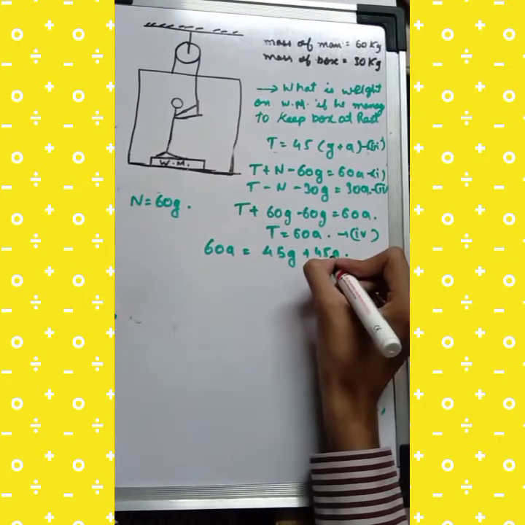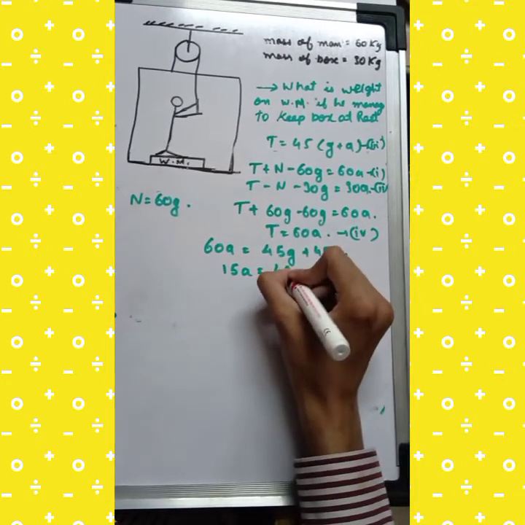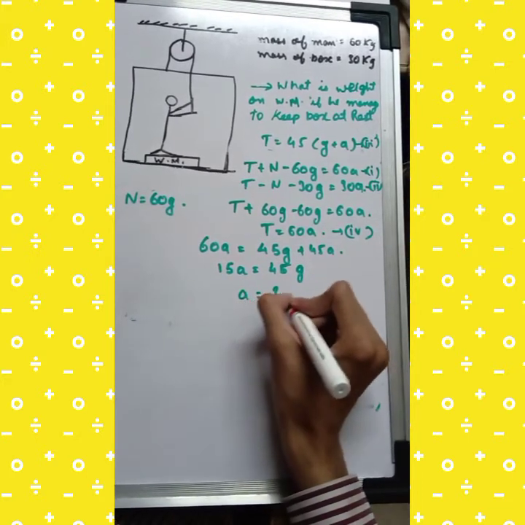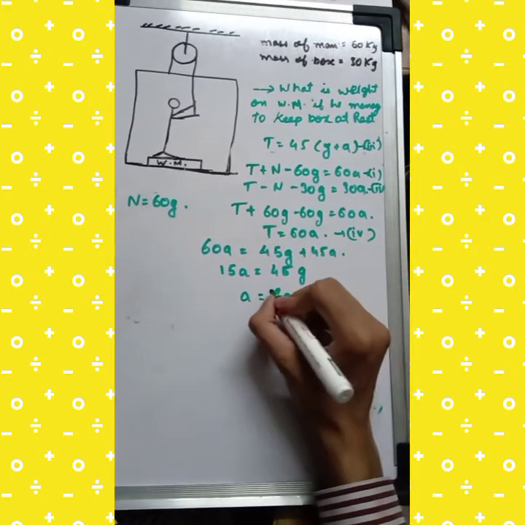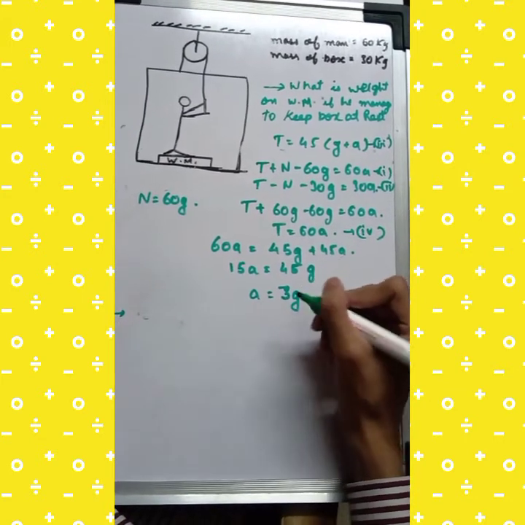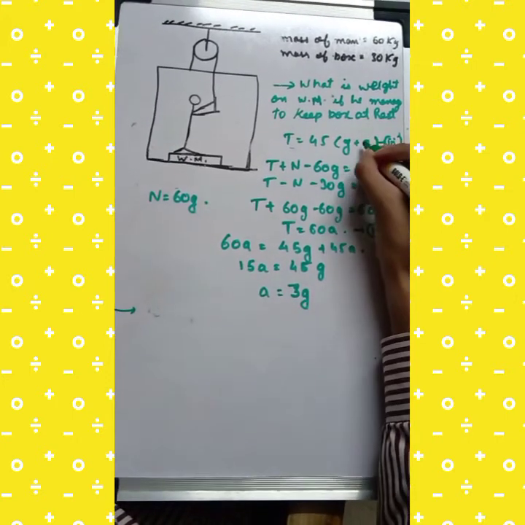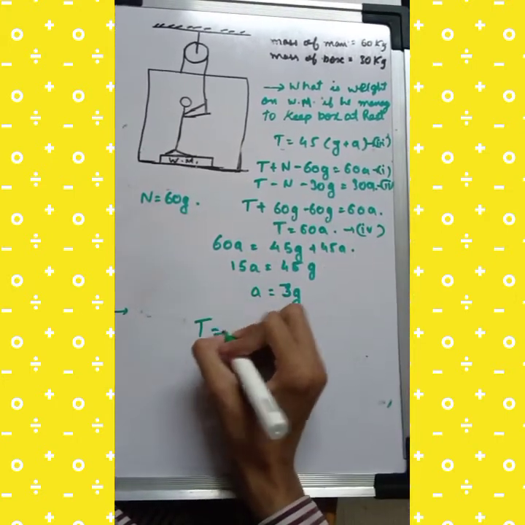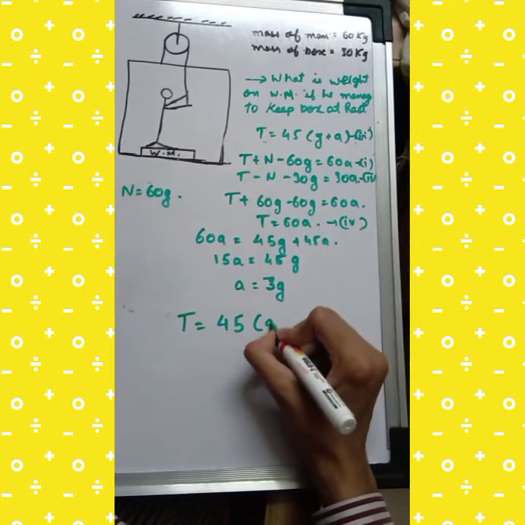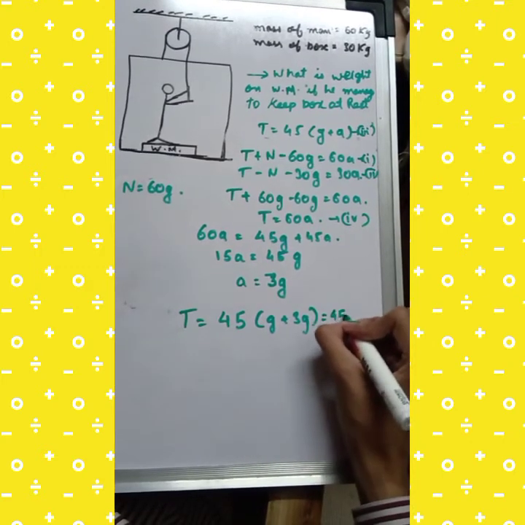From here I would get 15a is equal to 45g. So a is simply 3g. Now I just need to find T. So I can put a is equal to 3g here. I will get T is equal to 45 into g plus a, that is g plus 3g, which is 45 into 4g.